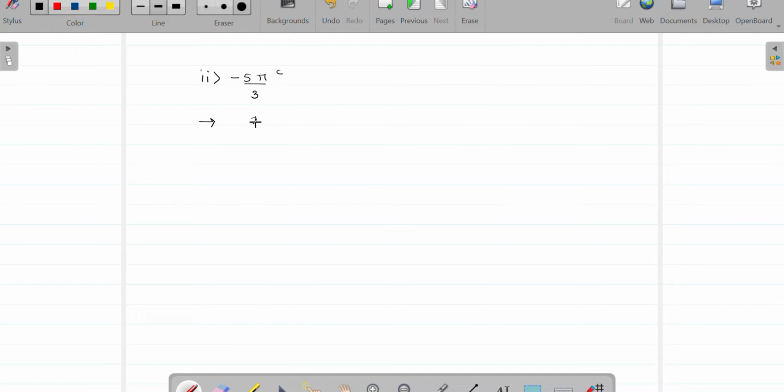We know that to convert radian measure into degree measure, we have to multiply the given angle by 180 upon pi, and therefore this minus 5 pi upon 3 radian, which is equals to minus 5 pi upon 3 into 180 upon pi, which is equals to this pi gets cancelled.